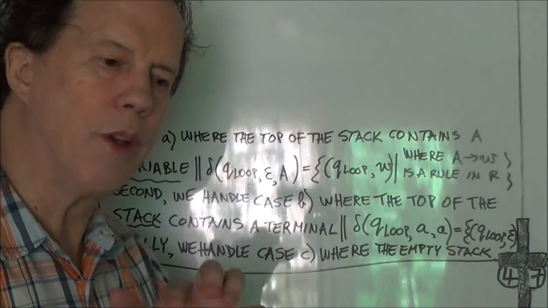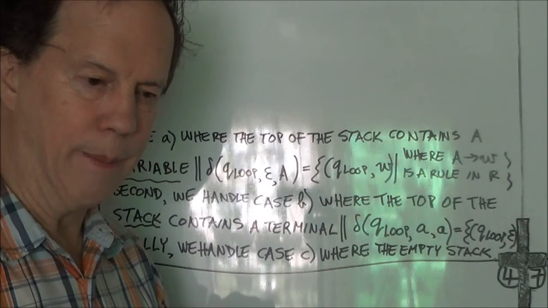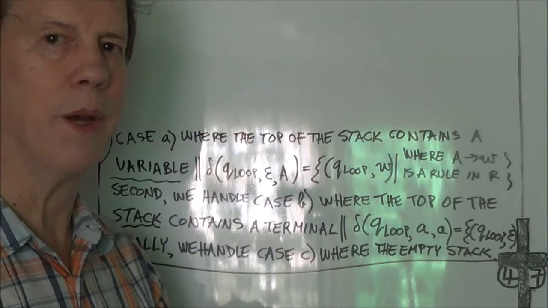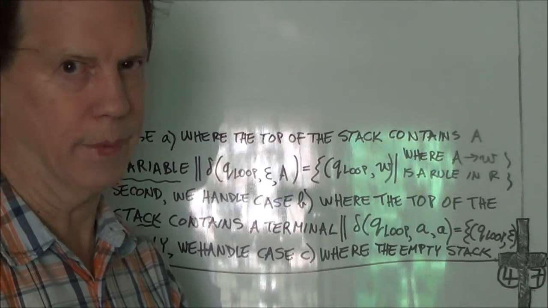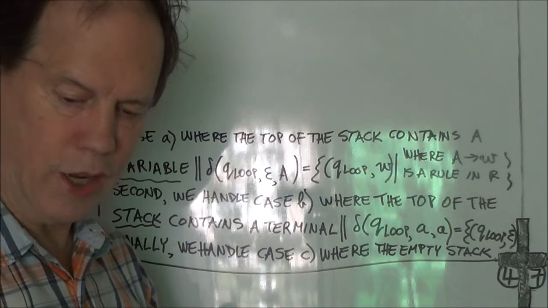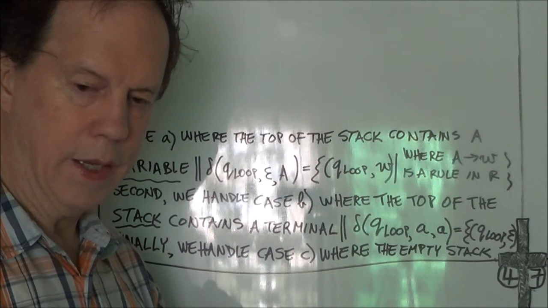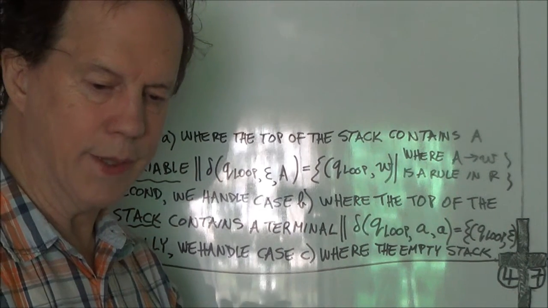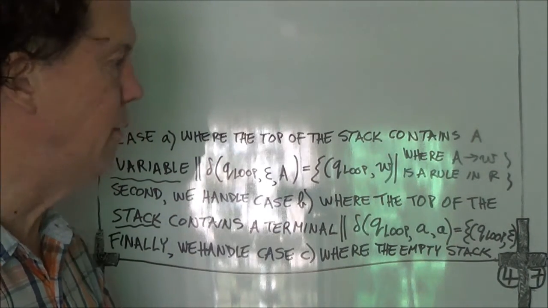Because the whole point of the exercise is to get the PDA behaving in the same way as a grammar. The PDA is simulating a grammar. So you want the input string of the PDA to be the same as the string generated by the grammar. That's what you're aiming for.